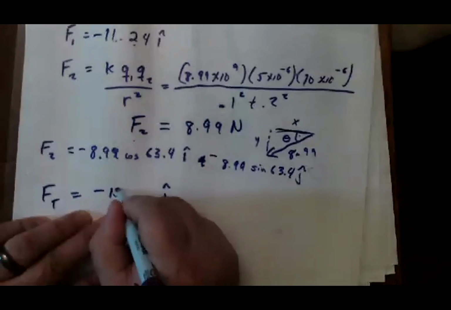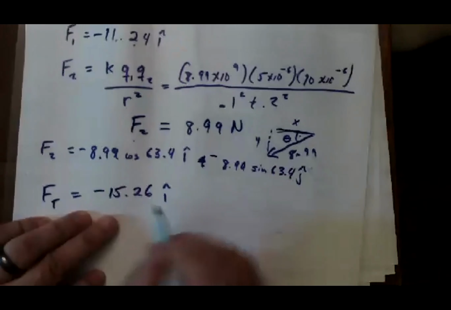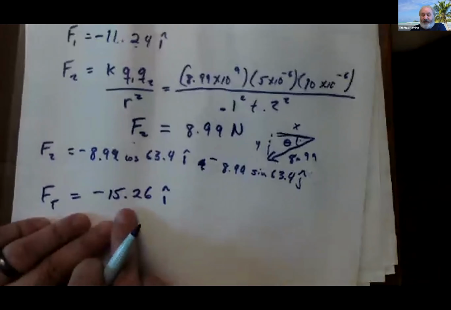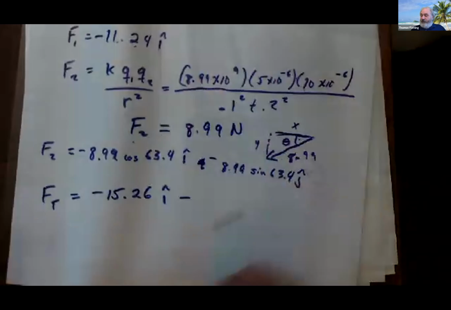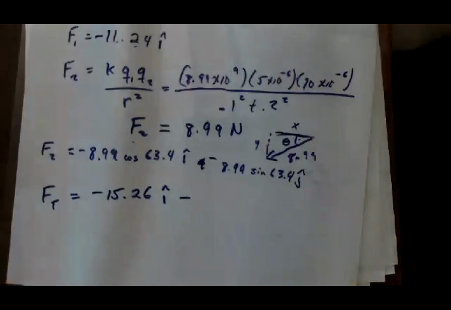Okay, that's what I got. Right? That's the I hat component of my final answer. And then this is 0 plus this. You just bring that down. Yep. Right. So 8.99 times the sine of 63.4 is negative 8.03 is what I'm getting.